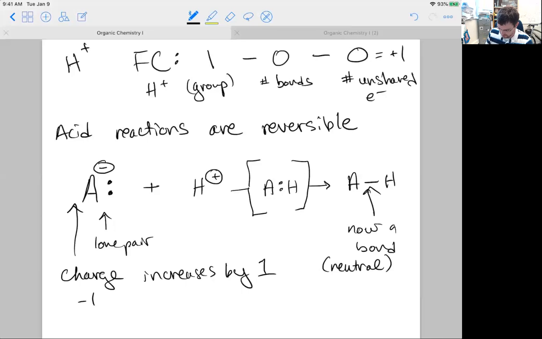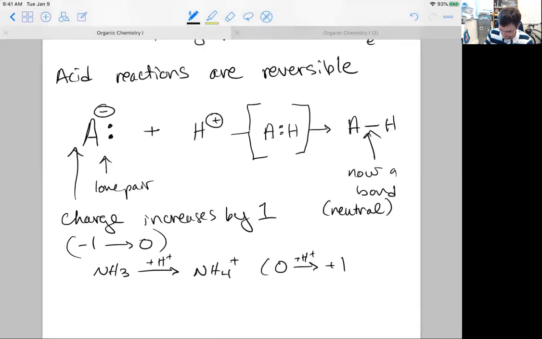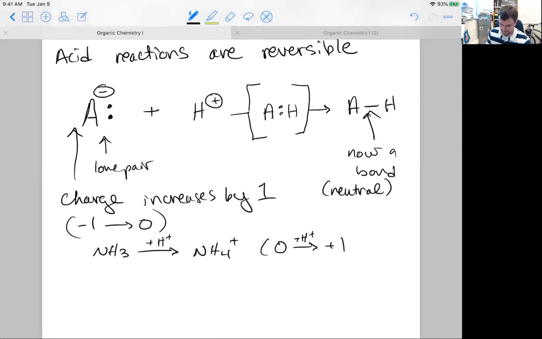That is to say, we went from -1 to 0 in this case. And in the case of NH3, we went to NH4 plus, or 0 to +1, when we added an H plus. Okay, so let's look at a real example.